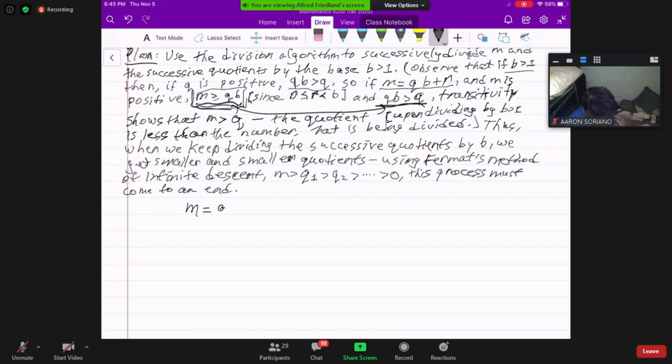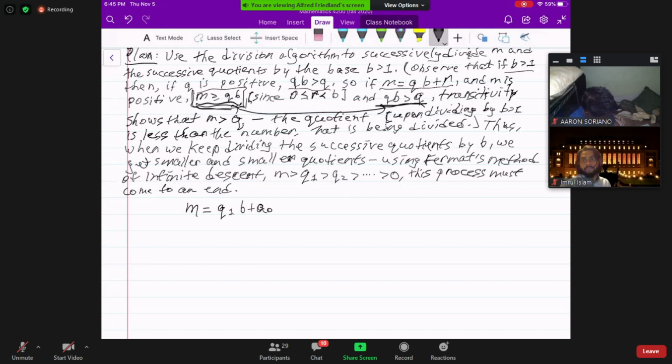M equals, let's say, q sub 1 b plus a sub 0. And now we're going to take the q sub 1 that we had, that quotient, and divide it by b and get some quotient q sub 2 b plus some next number a sub 1. So q sub 1 equals q sub 2 b plus a sub 1.